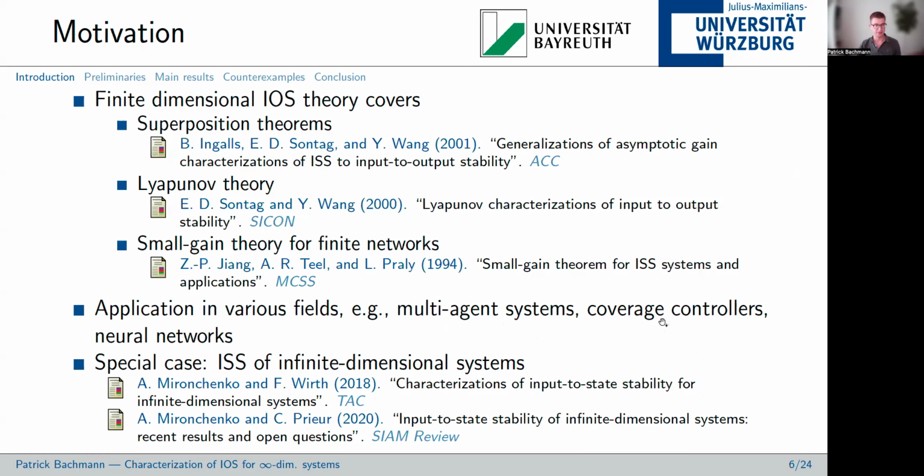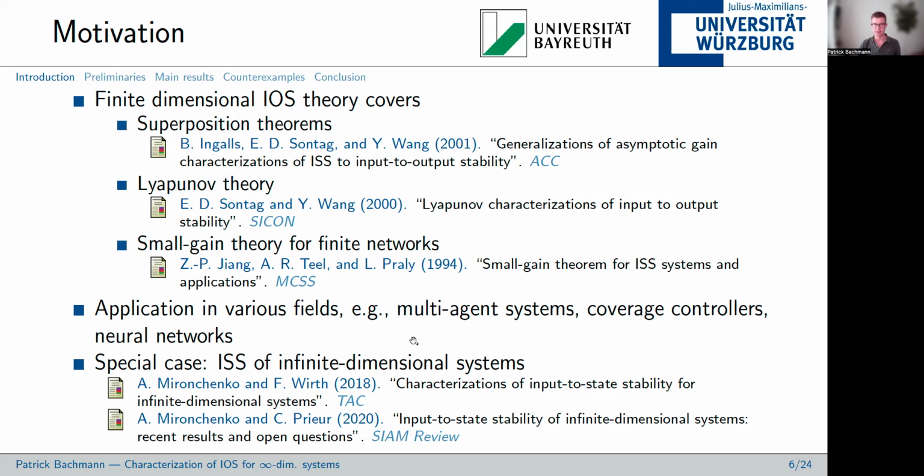Input to output stability generalizes input to state stability. There is already a theory for finite dimensional systems, which was introduced in the 2000s. Finite dimensional IOS theory already includes superposition theorems for ODE systems, a Lyapunov theory, and a small gain theory for finite networks.